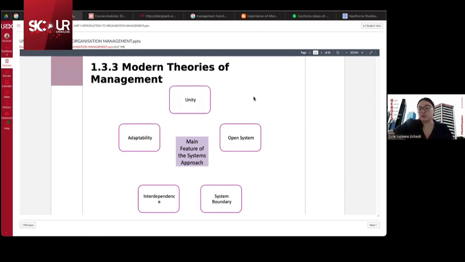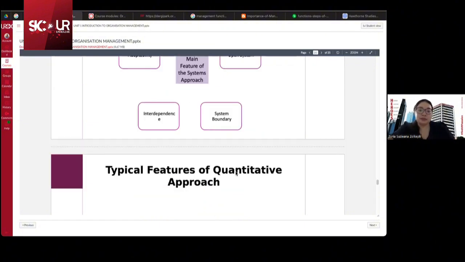So in order to measure this quantitatively, of course we must have a system that can calculate productivity and so on, to make it easier to manage the work. That's why one of the things we have is the management information system, to help managers and employees increase productivity. Okay, open system, and then in terms of adaptability, interdependence, and system boundaries.